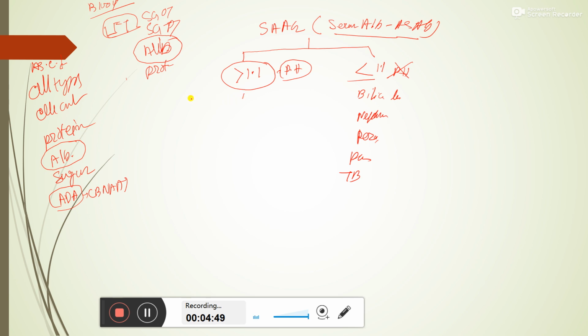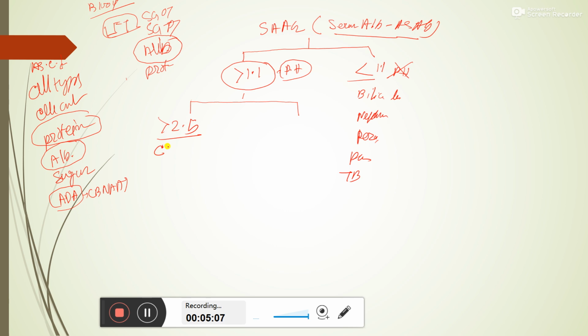If the SAAG is greater than 1.1, it is high SAAG ascites. Then we will check the ascitic fluid total protein. If it is greater than 2.5, there are some differential diagnoses.